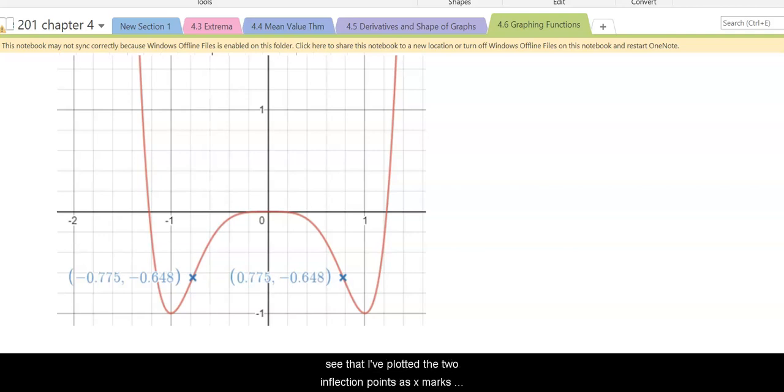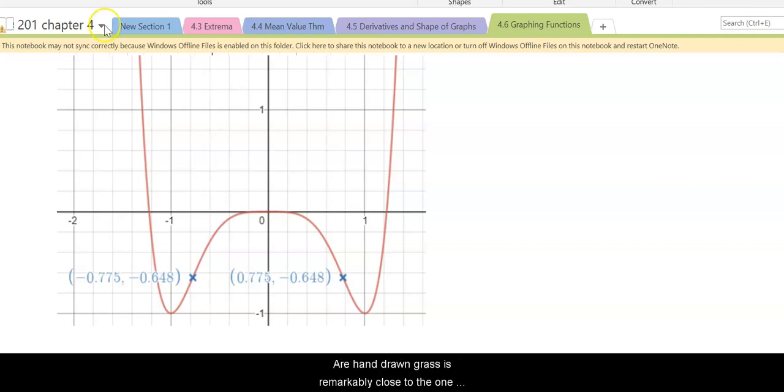You can see that I've plotted the two inflection points as X marks, and you can see our approximations are the same as what we got. You'll notice that this does appear to be curved up like a cup until it gets to that inflection point where it changes to a downward curve like a frown. And then again, it changes at this inflection point and is curved up.